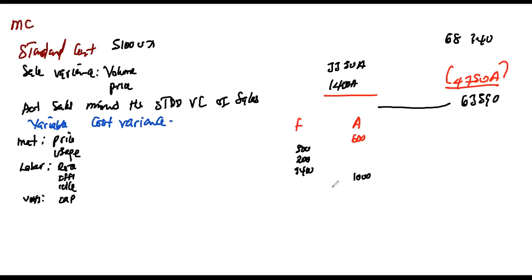What was the variable overhead expenditure variance? 200 adverse. And then the efficiency? 510. You close your books here because you don't want to waste time. Don't include fixed costs.